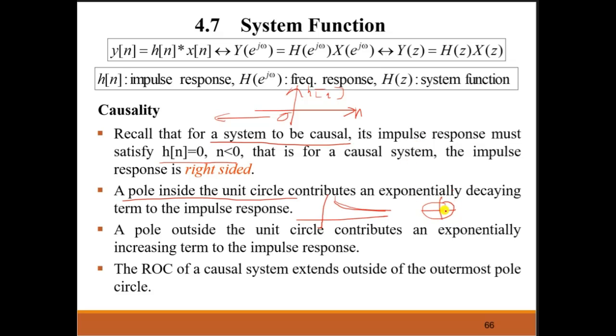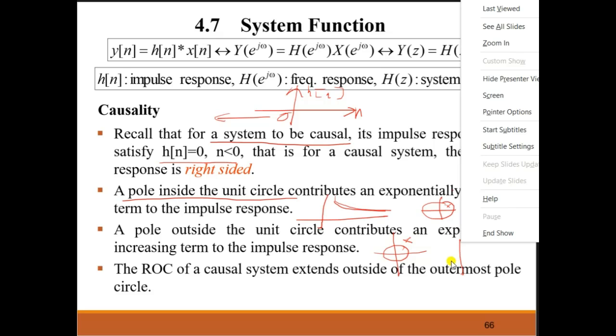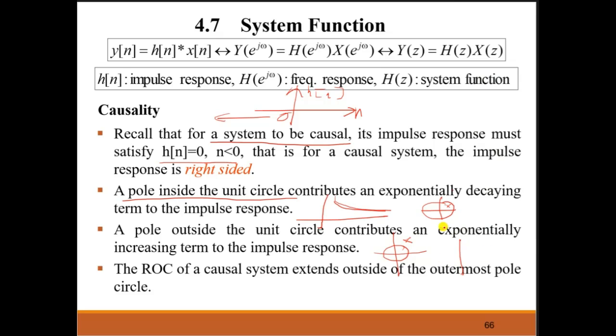So you have the unit circle, this is pole dia dekat dalam unit circle, so a pole inside the unit circle then gives you a decaying impulse response. And then if the pole is outside the unit circle, so you have unit circle, the pole is outside the unit circle, so it will give you a term that is exponentially increasing. So dia punya value gitu.